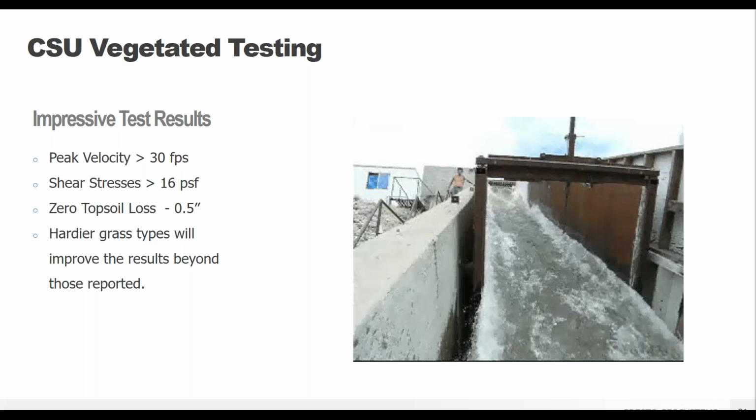You can see some of the results of the tests here. There are obviously lots of different types of grasses. I'm not a botanist or anything, but I imagine choosing some of the hardier varieties will improve these results. So maybe talk to a nursery local to you to figure out what's going to be best for your area. But any sort of grass or flowering vegetation is typically what we recommend.